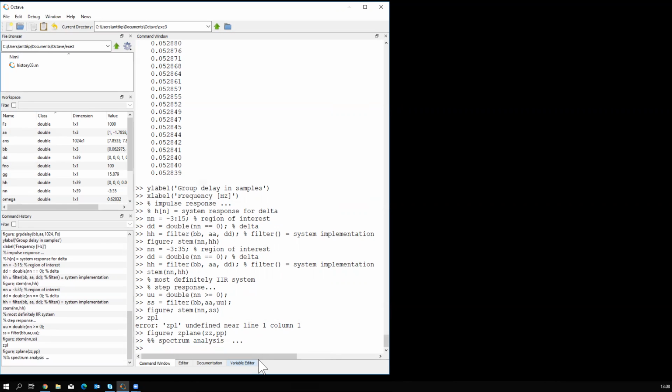So spectrum analysis is actually quite simple, since the power spectrum of a signal is simply the Fourier transform of the signal times the complex conjugate of it. So that's how you calculate a spectrum.